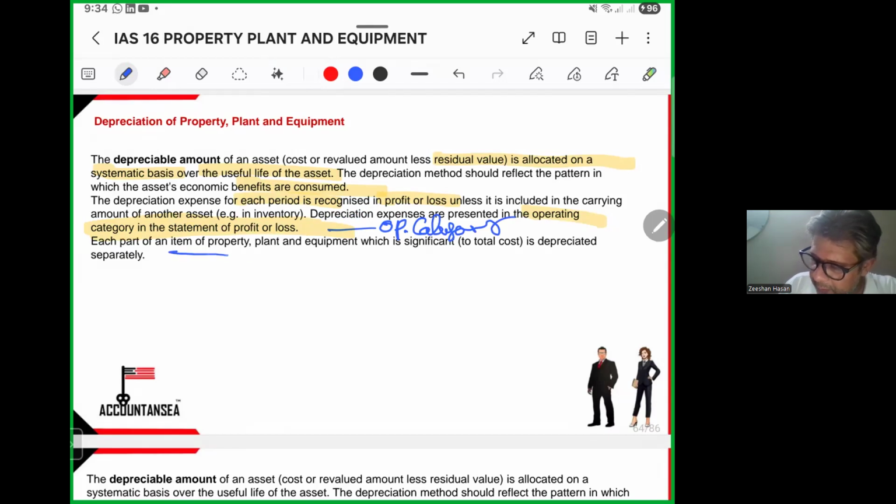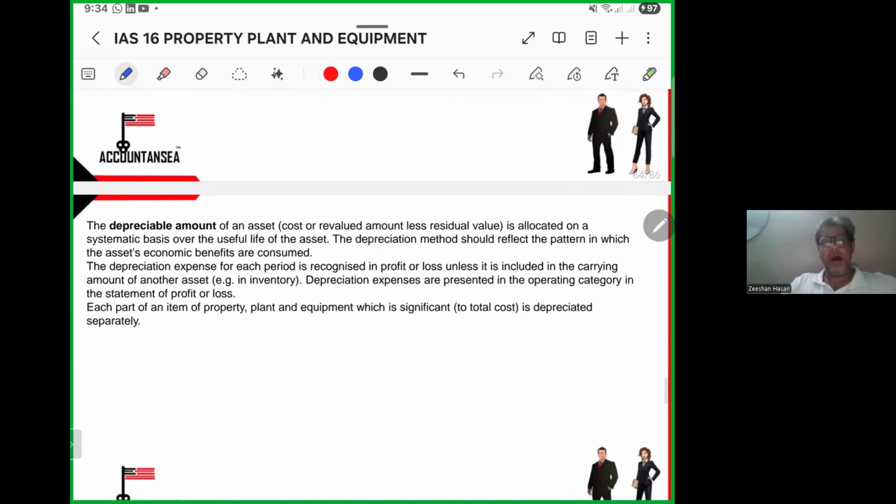Each part of an item of property, plant, and equipment which is significant to total cost is depreciated separately. So the depreciable amount of an asset, cost or revalued amount less residual value, is allocated on a systematic basis over the useful life of the asset. The depreciation method should reflect the pattern in which economic benefits are consumed.